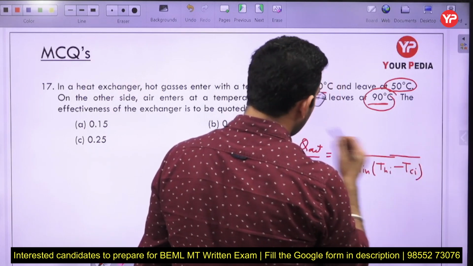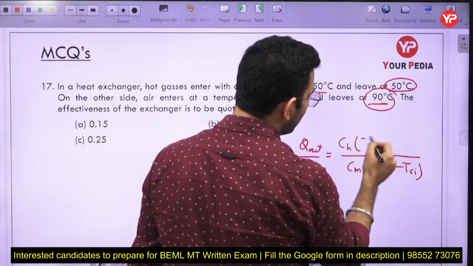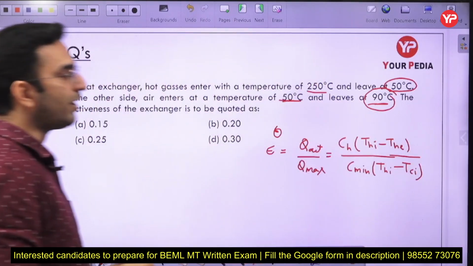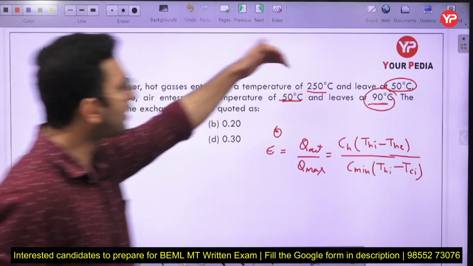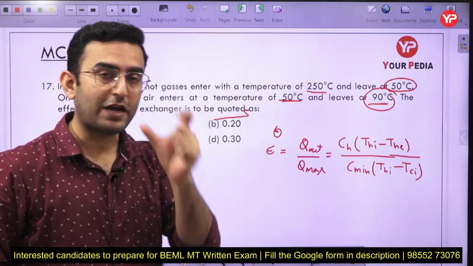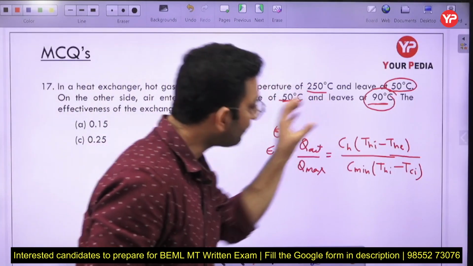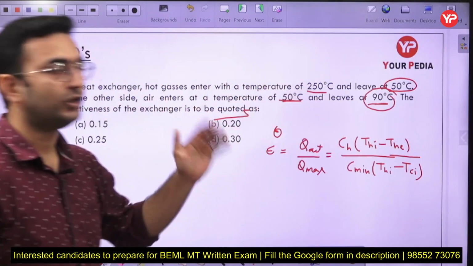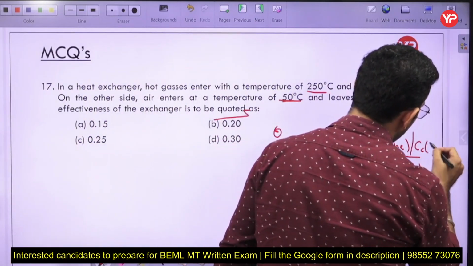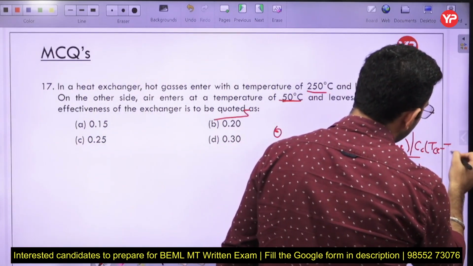Q actual can be written as Ch times (Thi minus The). Just by comparing the heat capacities, find out which has the lower value of heat capacity, then put it into this expression, and you are going to see what the effectiveness is. That is again a very simple part here.